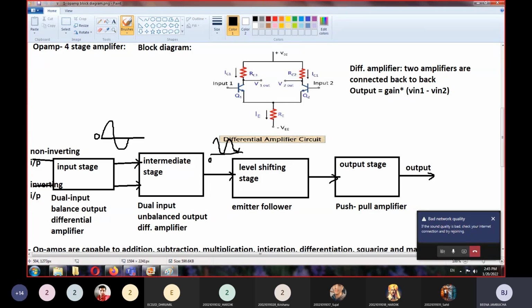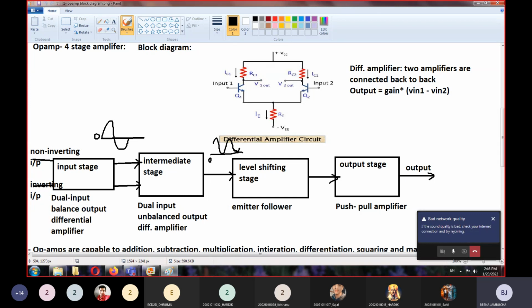So here we have one output, and it is a differential amplifier, as your output will be gain multiplied by the difference of the two input voltages, right? The drawback of this kind of intermediate stage is that while amplifying your signal, your DC level will also be changed, right? And we don't want to change our DC level. We want to make our DC level zero itself.